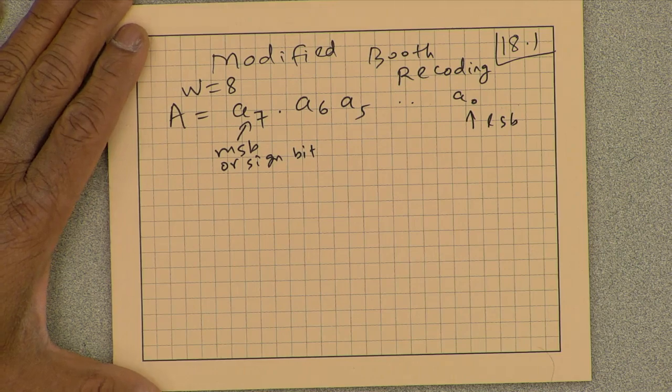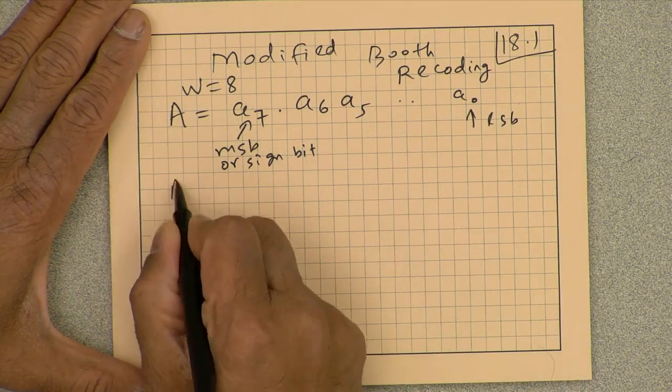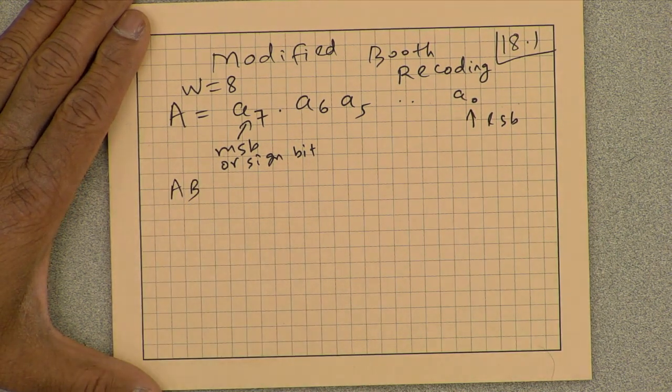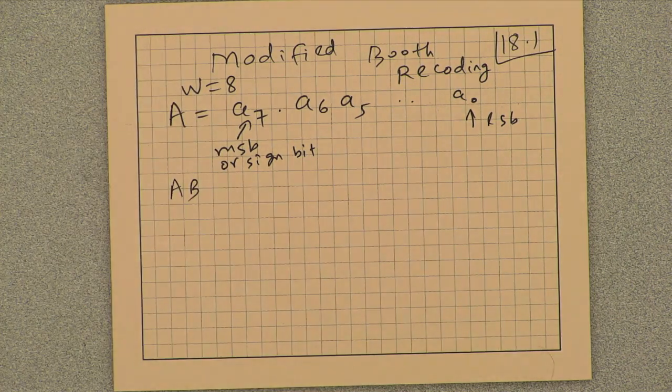Well, if I want to multiply A times B, we talked about that briefly. We saw at least one way of doing that by Horner's multiplication.